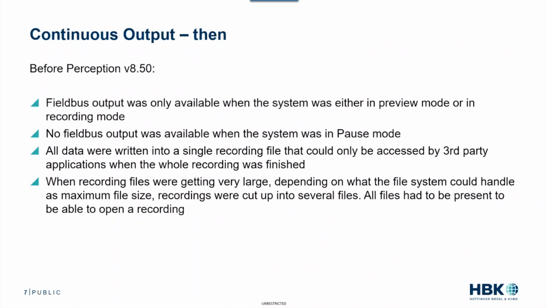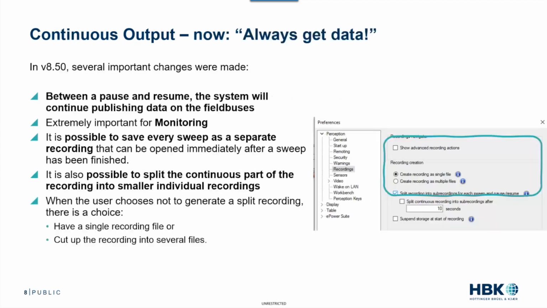So if the formatting of that disk required no files larger than 8 GB, then at 8 GB, we would break that file up into multiple smaller files, and all of them had to be present to open that recording. What we've updated to now is to really be able to provide that publishing data continuously, always.